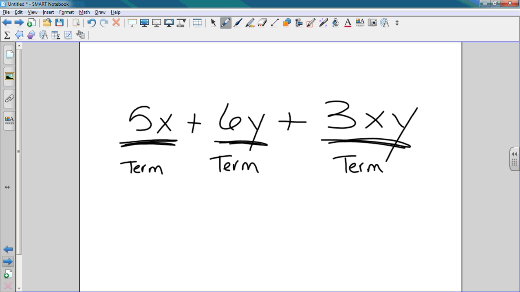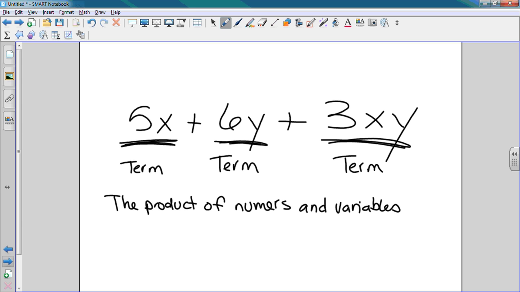These are called terms. The mathematical definition for terms is the product of numbers and variables. Okay? The product. What does product mean?